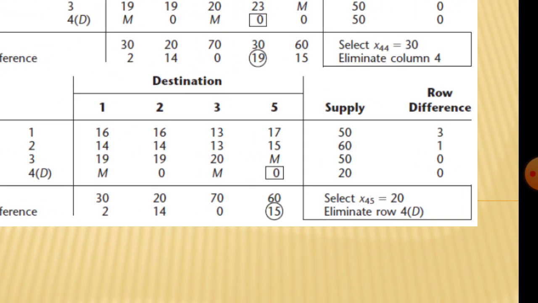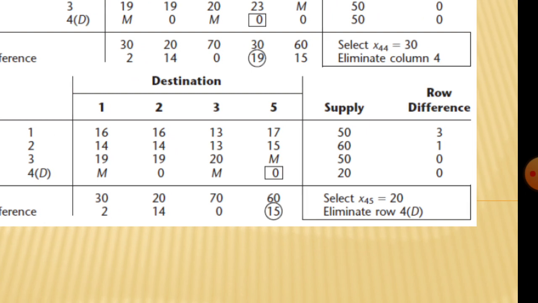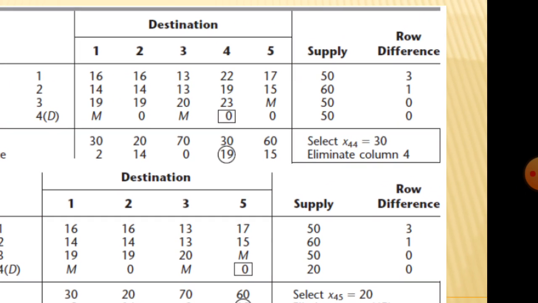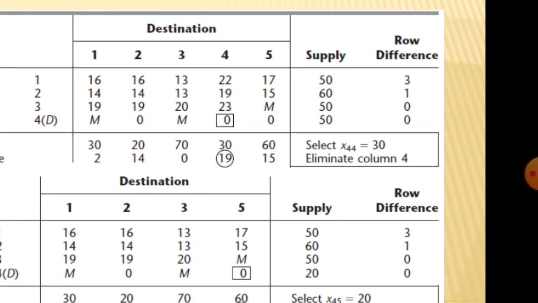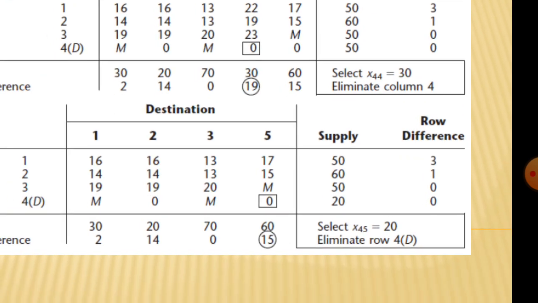It is satisfied, so you have to remove the fourth column. Write down the matrix again. Repeat the matrix: 1, 2, 3, 5. The 4 is already exhausted.